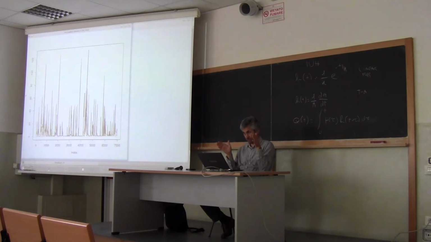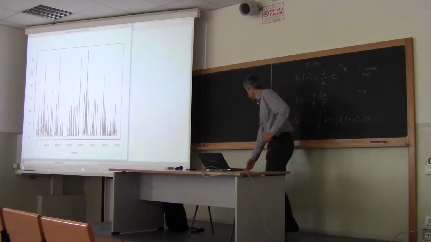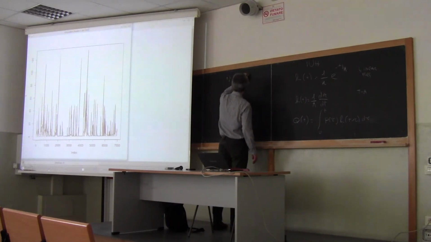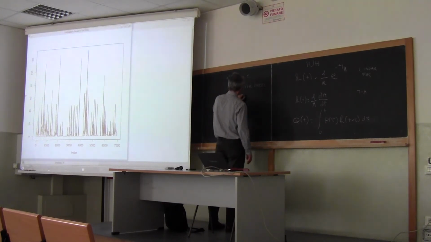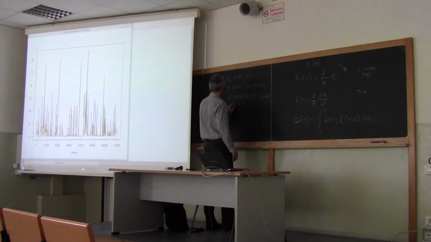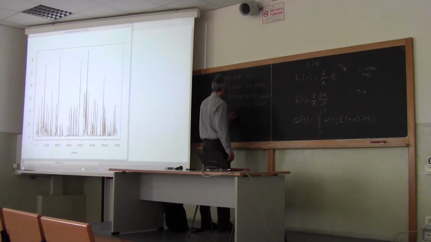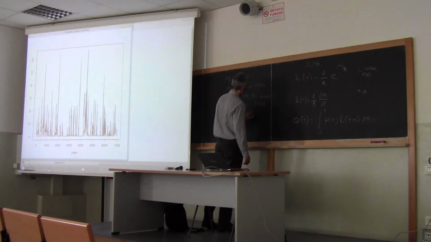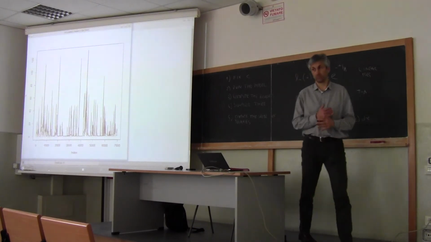So basically, what I need to do is these steps: one, fix C; two, run the model; three, compute the errors; four, square them; five, compute the sum of squares. This is what we have to do.